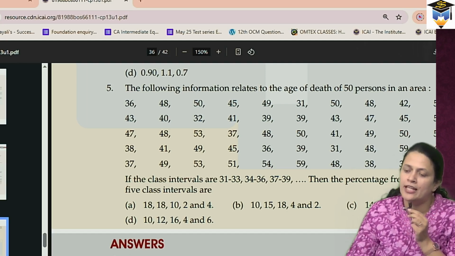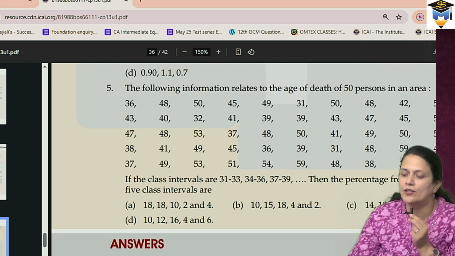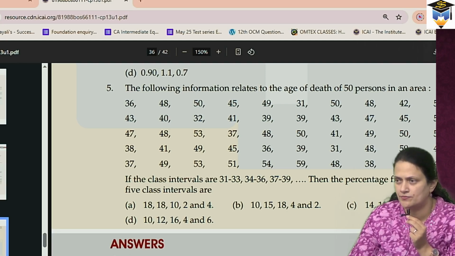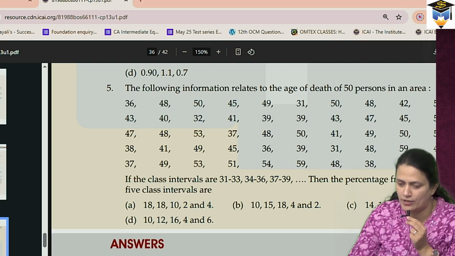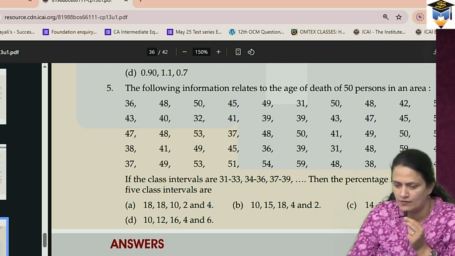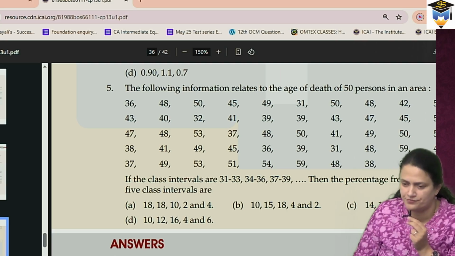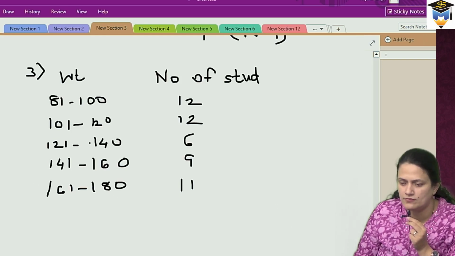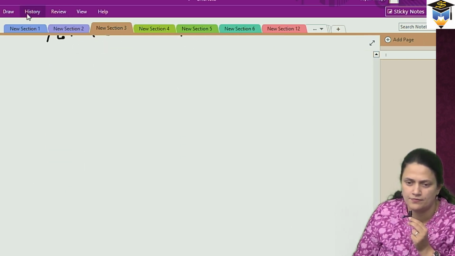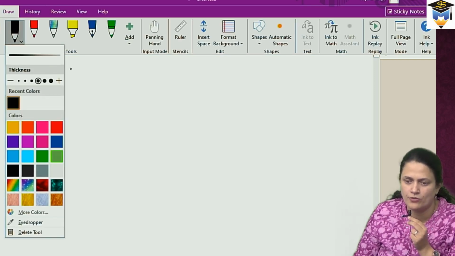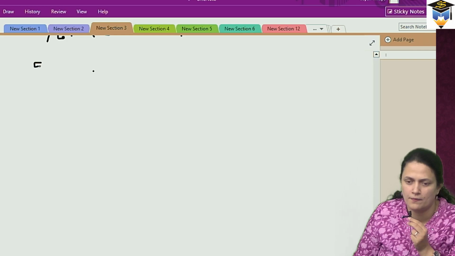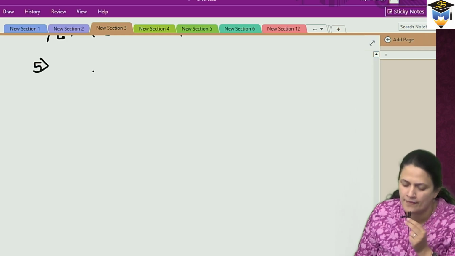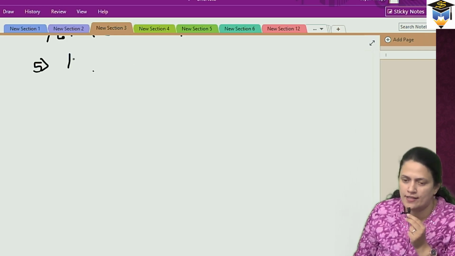So can anybody tell me which are the last 5 class intervals? Palak? Wait, I'll just write down the last 5. Fifth question we are solving. Yes, the class frequencies.